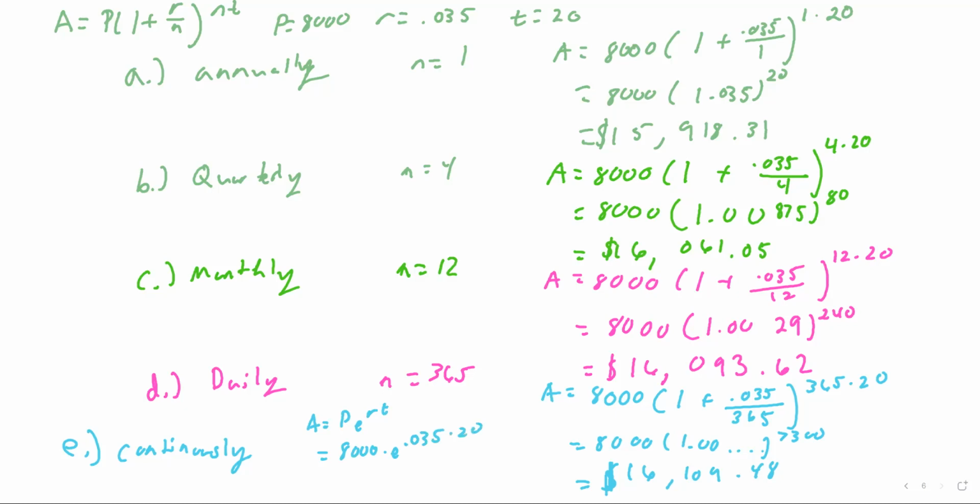So I would do 0.035 times 20, get that exponent, which is 0.7. Then I would do second ln, which represents natural log, and e to the power of a parenthesis will appear. Type in that 0.7 that you just calculated. Hit enter, you get some decimal. Then multiply that by 8,000, and there's your answer.